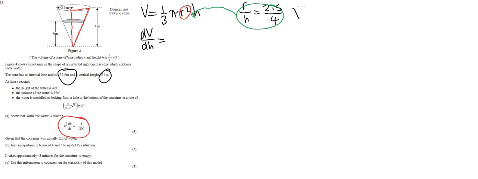So we're going to write volume is equal to 1/3 pi, and instead of r squared, we're going to put this. Now remember, we want just r, so it's going to be 2.5 over 4 times h, and we're going to square that.